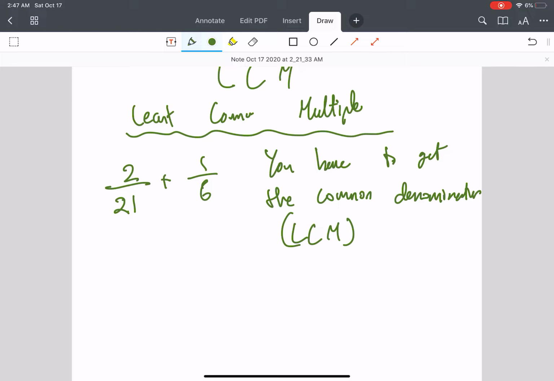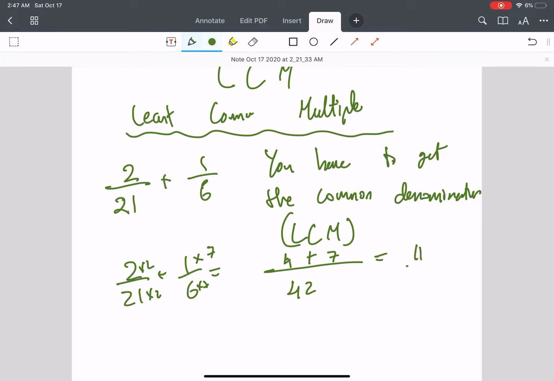So 2 over 21 plus 1 over 6 will be equal to 4 plus 7 over 42, which equals 11 over 42.